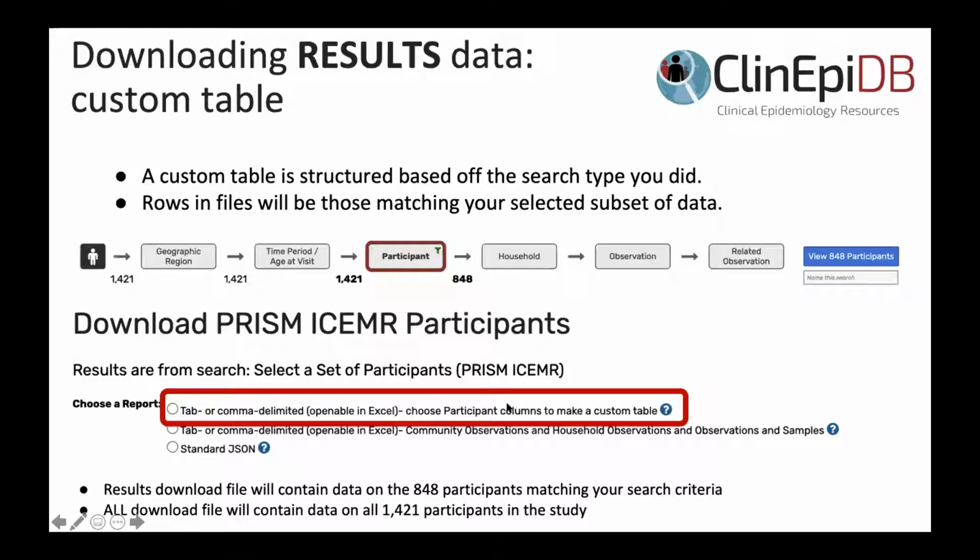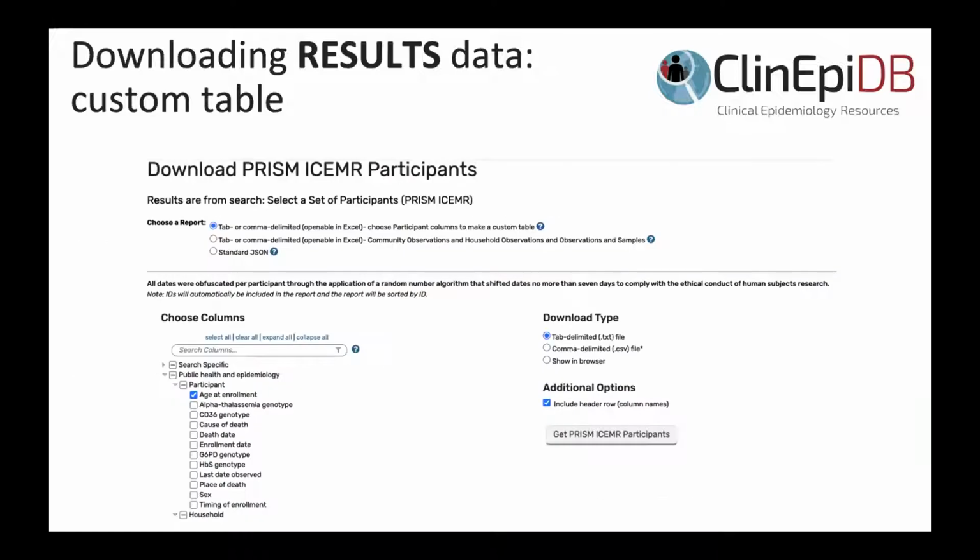So custom table is nice because you can specify which columns you want. So you can go in, choose the report you'd like, and then choose the actual columns that you're looking at specifically. That way you're not getting bombarded with hundreds of variables.